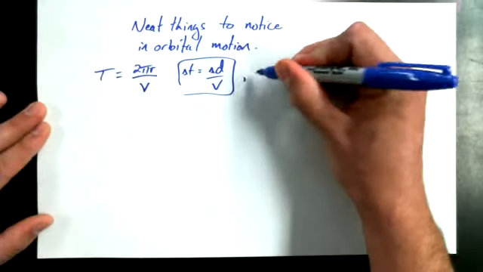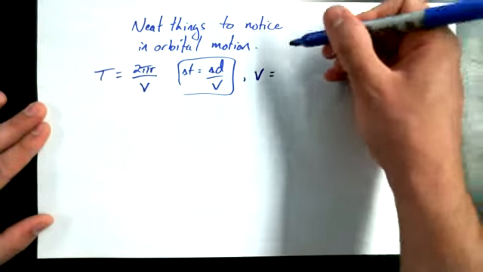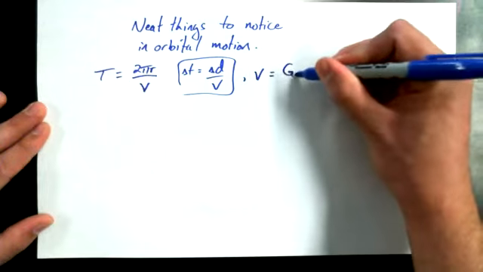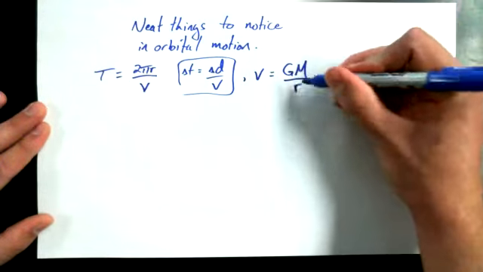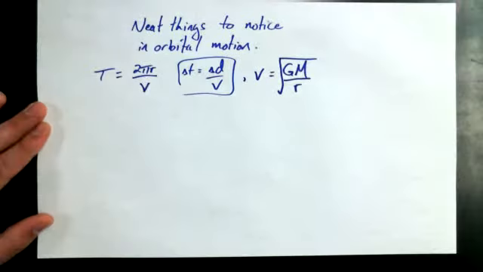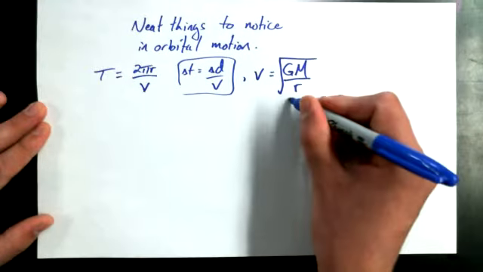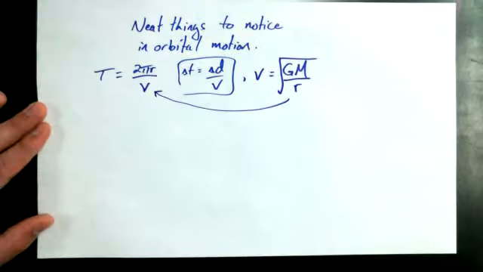And we just said a minute ago that orbital speed for a circular orbit is G capital M for the central mass over r, all square rooted. So two things that I want to pull together. Now instead of saying v here, I want to sub in this expression.